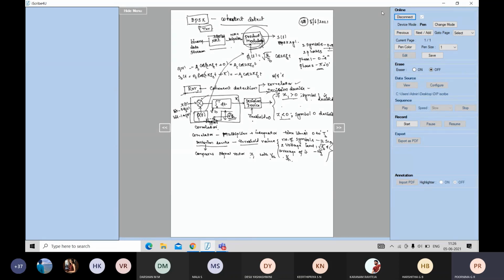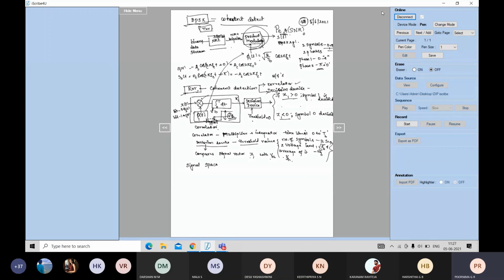Now the another important point we have to discuss is the signal space, because ultimately in this BPSK case, probability of error and signal to noise ratio we need to compute. For any receiver, maximum signal to noise ratio should be there and minimum probability of error should be there.